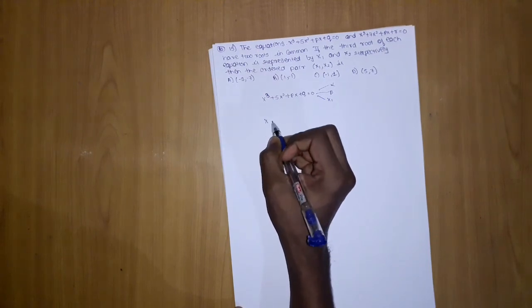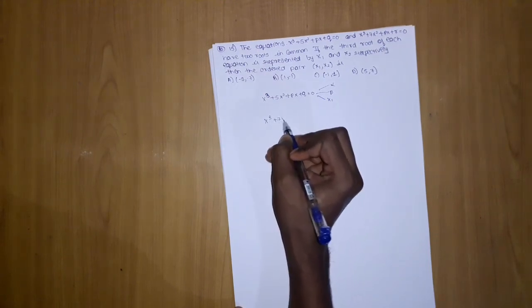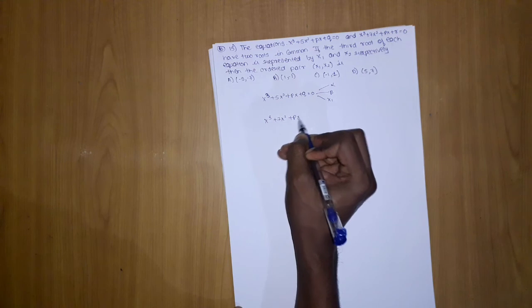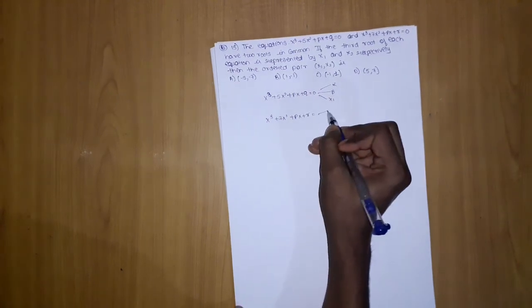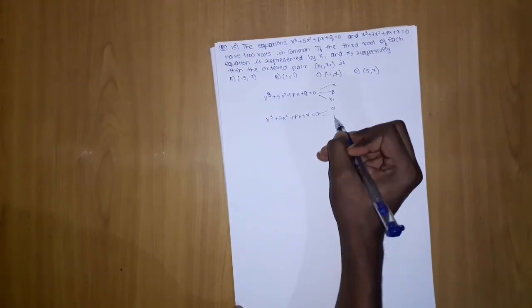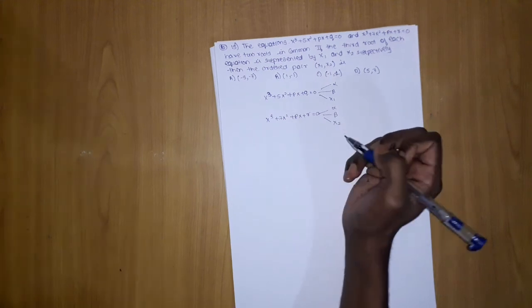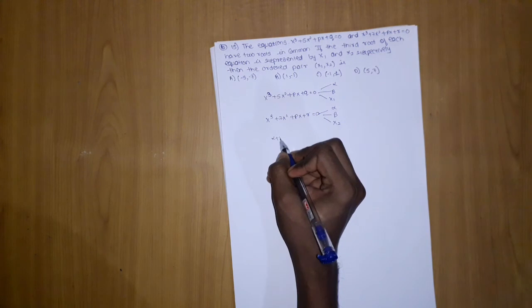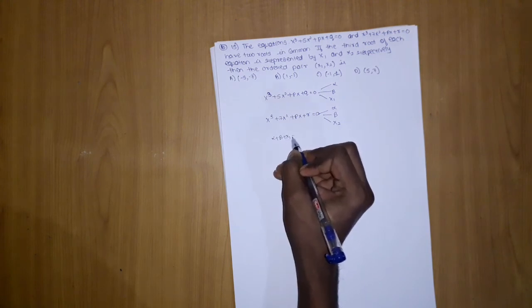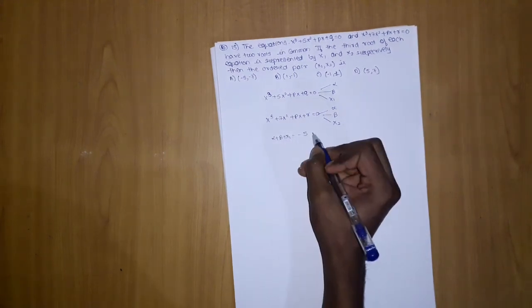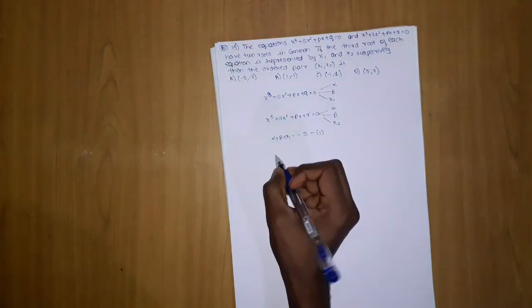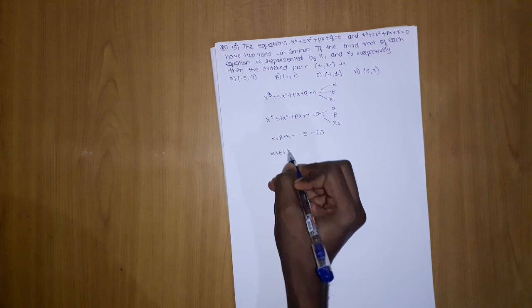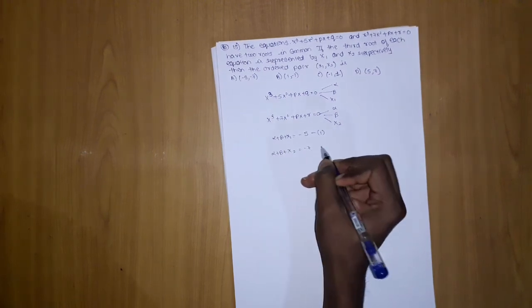Now here we have x cube plus 7x square plus px plus r equal to 0. Its roots are alpha, beta and x2. Now moving on further, we have alpha plus beta plus x1 as minus 5, take it as 1, and here we have alpha plus beta plus x2 as minus 7, take it as 2.